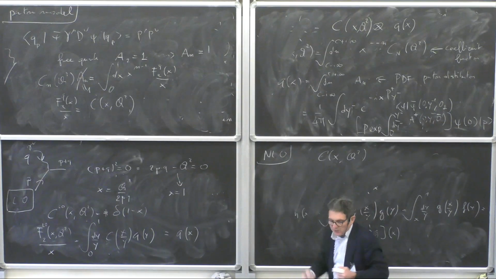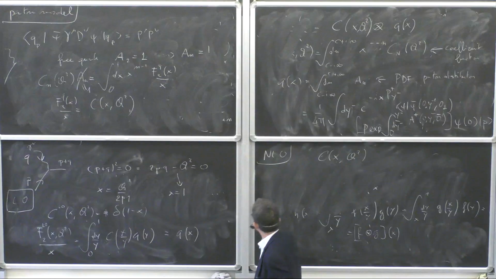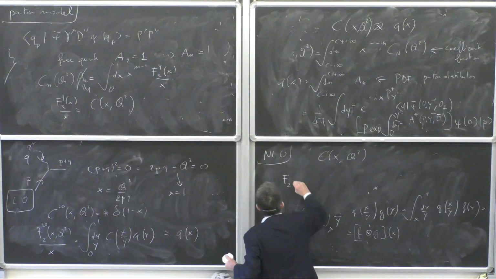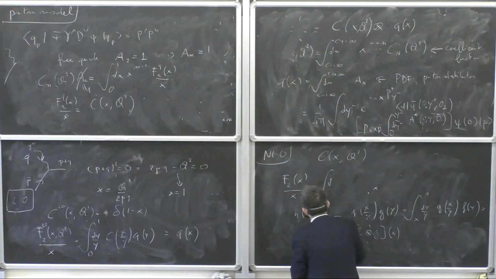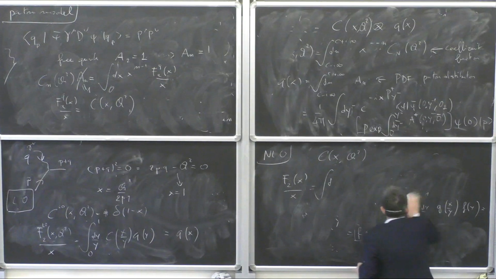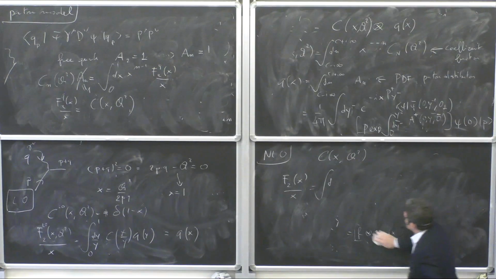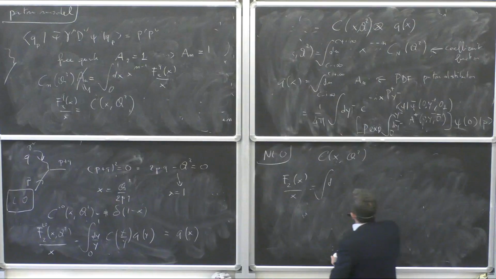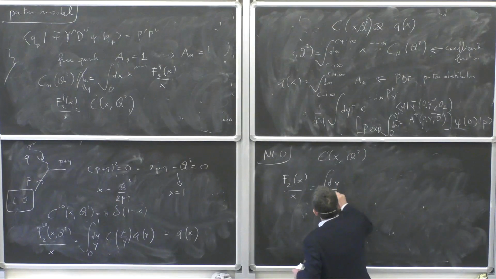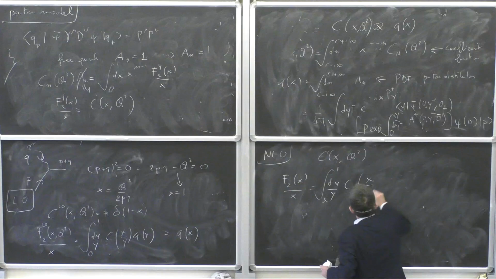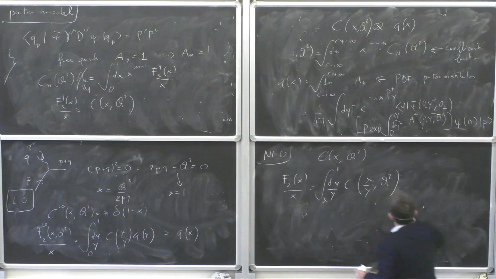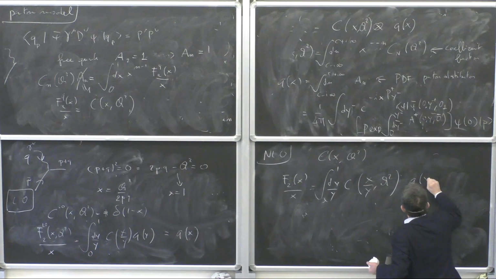So at next leading order and beyond, I have some non-trivial structure, and then the structure function f2 of x, always divided by x, is equal to an integral dy over y, x and 1, c of x over y and q square, q of y.